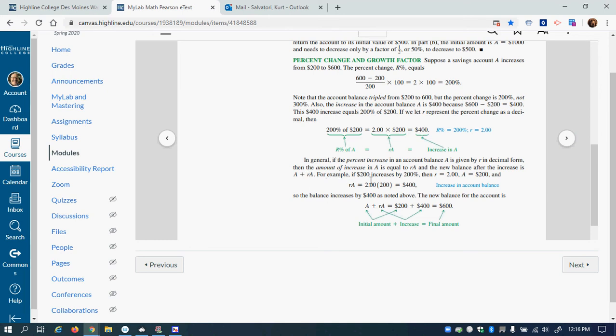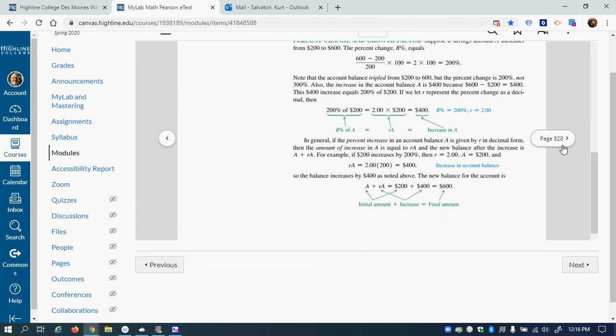For example, $200 increased by 200%: we would make R 2 and A $200. So we have 2 times 200, which gives us 400. But then we want to know how much we have altogether, so we add in the 200 that we started with to give you the 600. So that shows you that amount.